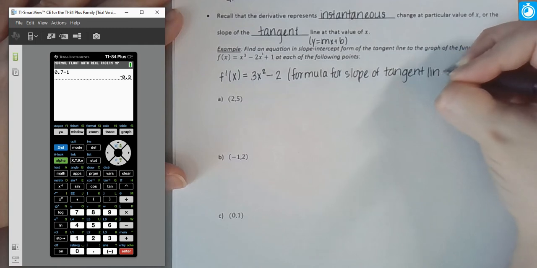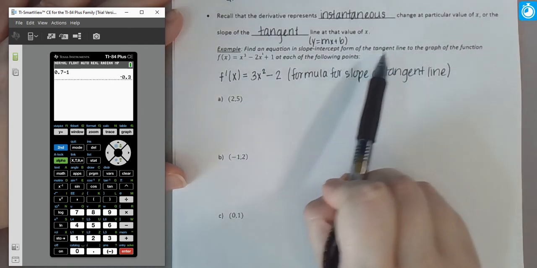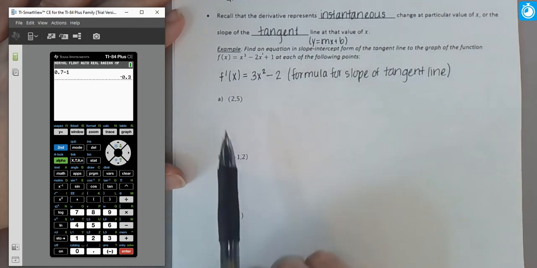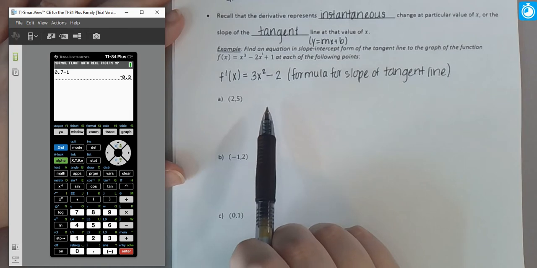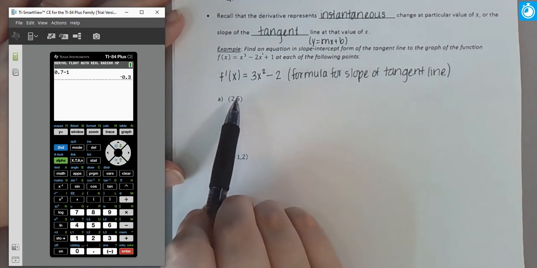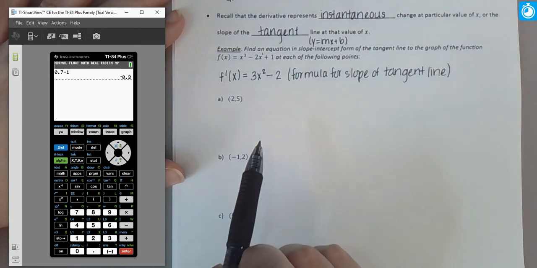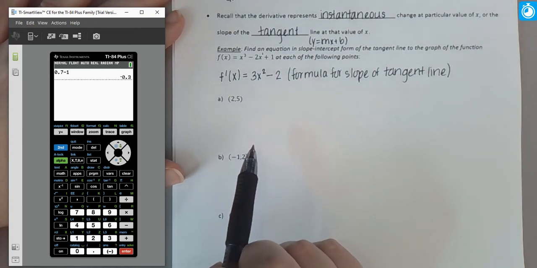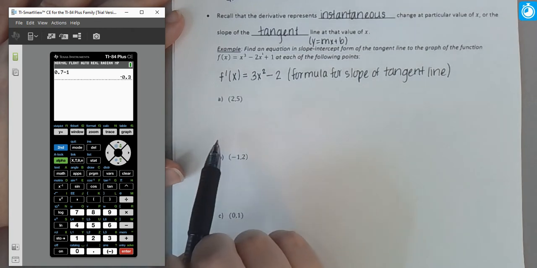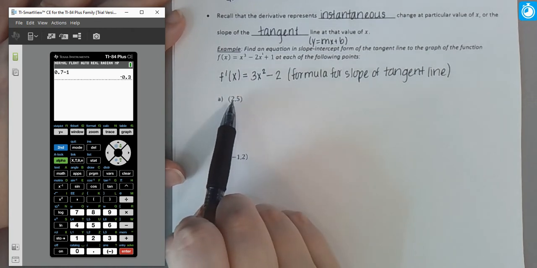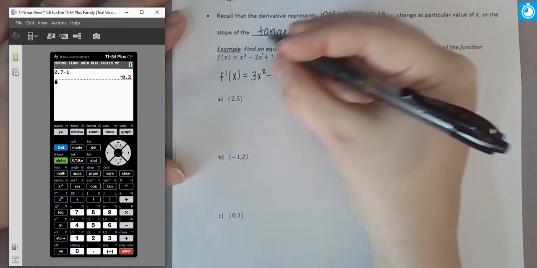If we're talking about this particular function, f of x, and we want to find the equation of the tangent line to specific points on the graph, this is going to be the formula that helps us find the slope of each of those lines. So at each of these individual points, this is going to be the formula we use to calculate the specific value of m. So for the point (2, 5), f prime of x means we have to evaluate f prime of 2 since we think of x as our input.